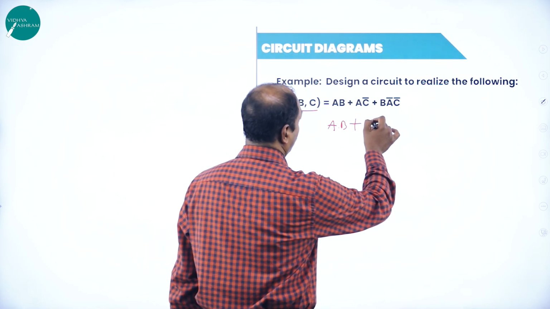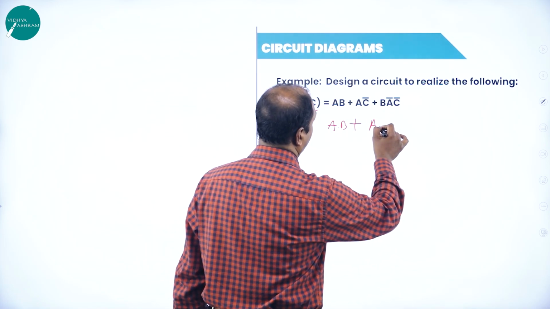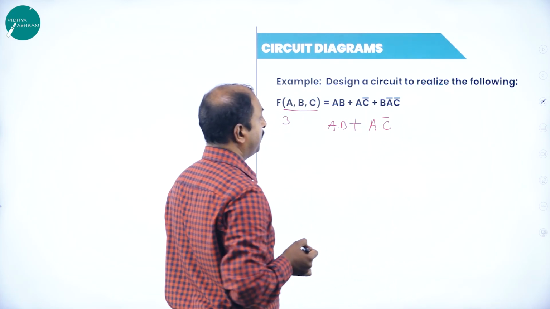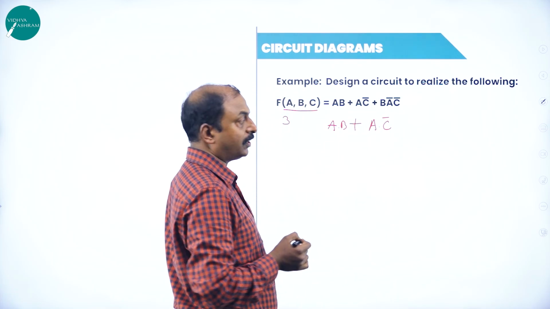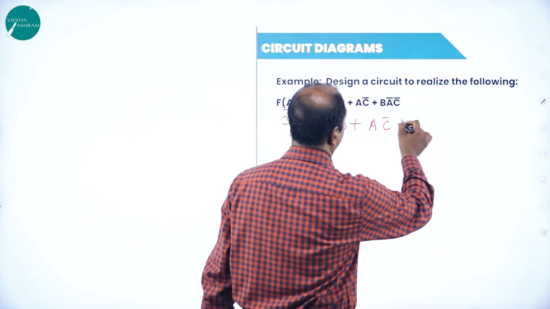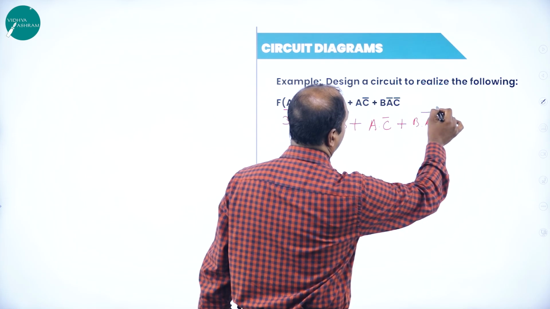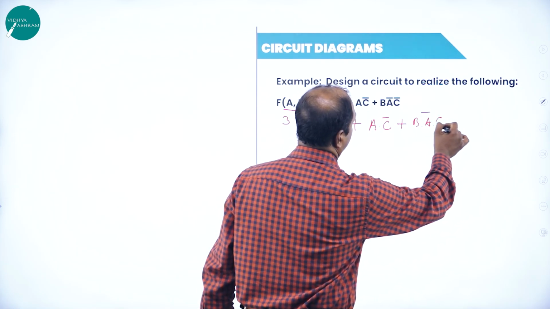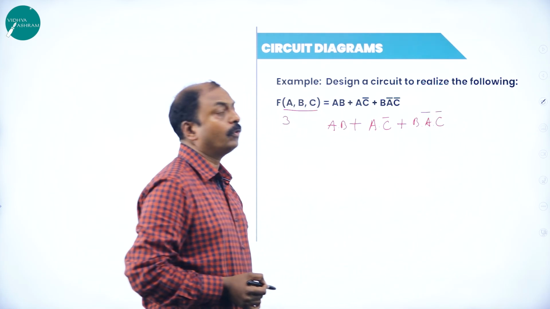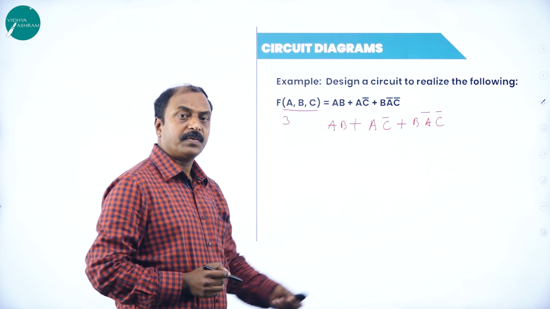Similarly, this is one more term, A dot C naught. Here A dot C naught, and here plus, again the plus, and here is B dot A naught dot C naught. See, this is how to read the given equation.